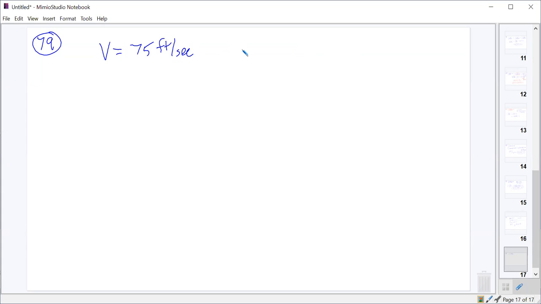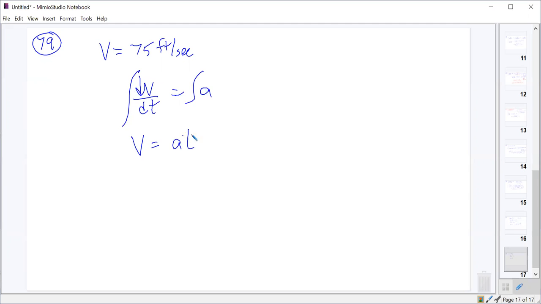So if we know that dv/dt is our acceleration, right? A derivative of our velocity is acceleration. So that means that our velocity function at any given time should be equal to the integral of a, right?